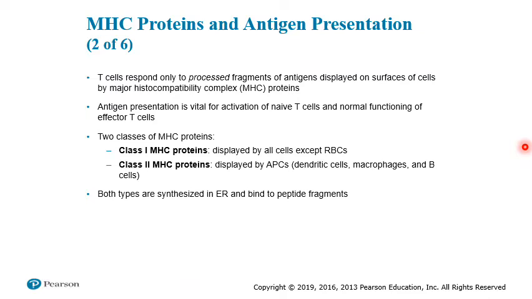Class 1 is displayed by all cells except the red blood cells. Class 2 proteins are displayed by the antigen presenting cells, such as your dendritic cells, your macrophages, and your B cells. Both types are synthesized in the endoplasmic reticulum, and they bind to peptide fragments.